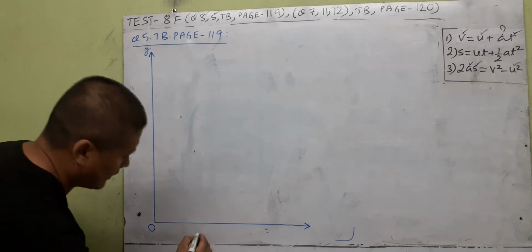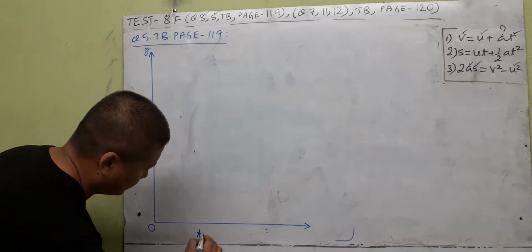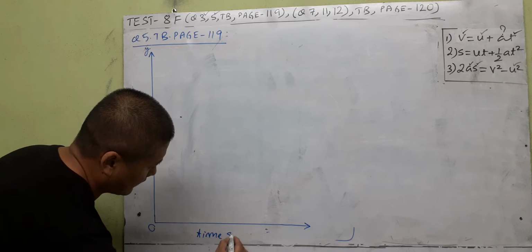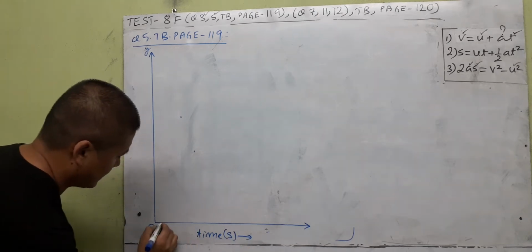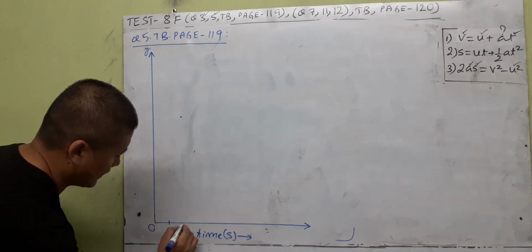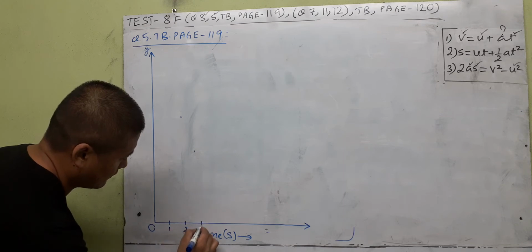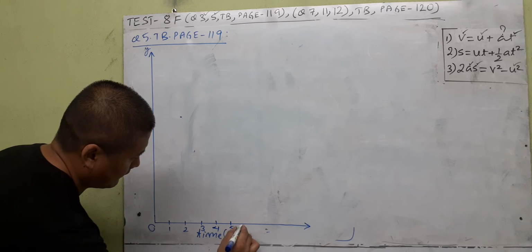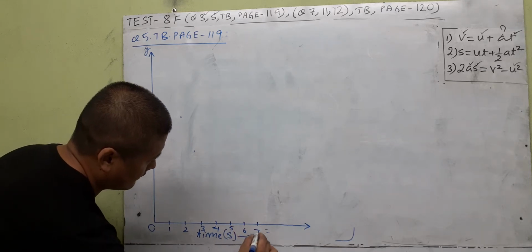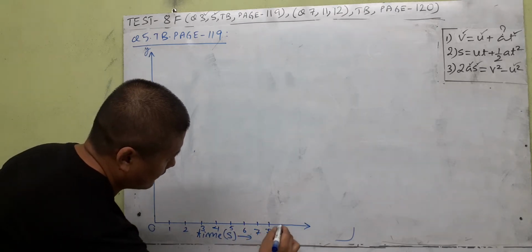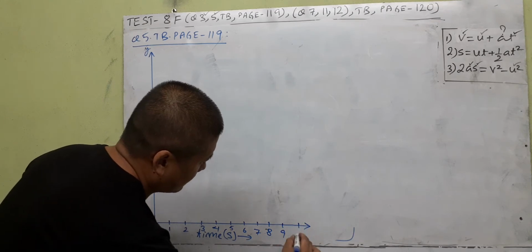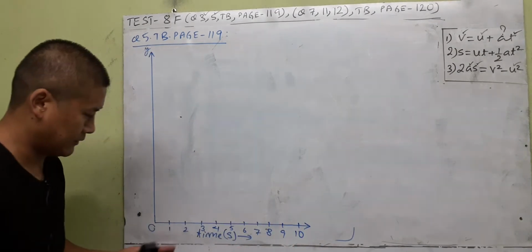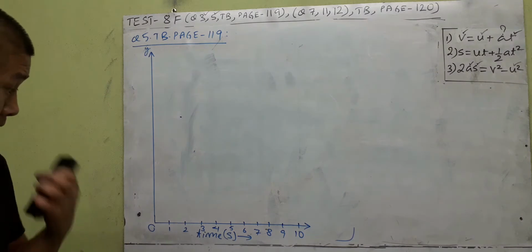Then on this axis, let us plot the time in seconds. So let us say this is 1 second, 2, 3, 4, 5, 6, 7, 8, 9, and 10. First car was 5 seconds, second car was 10 seconds. So that is enough, I think.